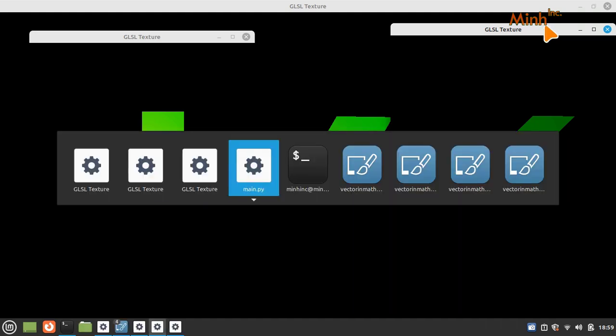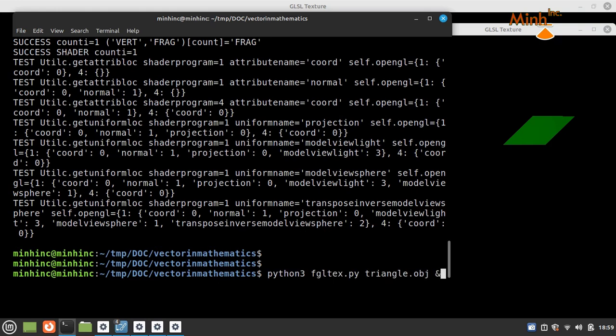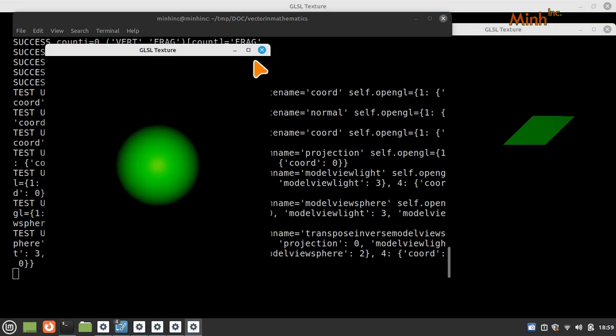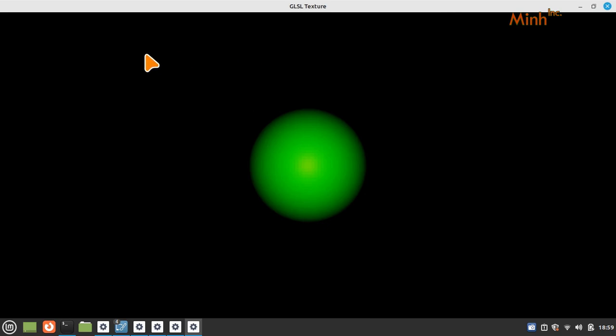Now I'll bring the sphere. It will put more light into it. This is a sphere, really a sphere. Can we see something? The light at the center is maximum. I will bring the light source.